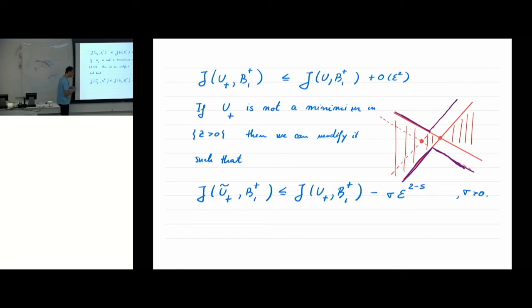It has very much to do with the growth of the energy at infinity. In low dimension, you have slower growth. In high dimension, you have more growth. And that's why this argument cannot work in all dimensions, and is not expected to hold in all dimensions. Okay. Are there some questions?